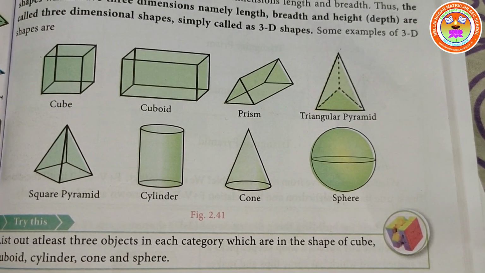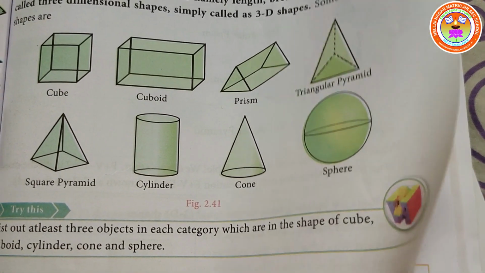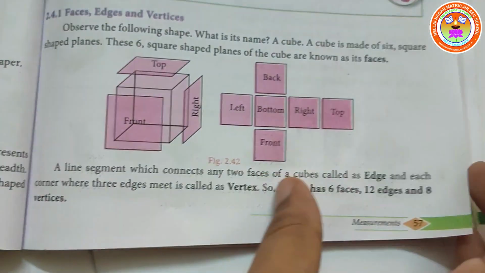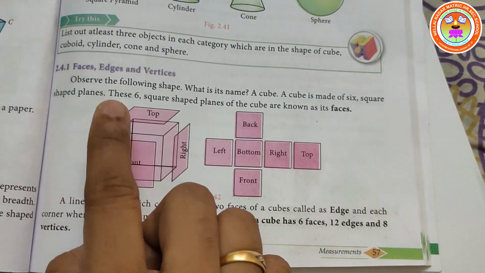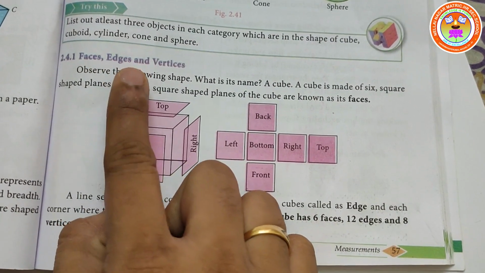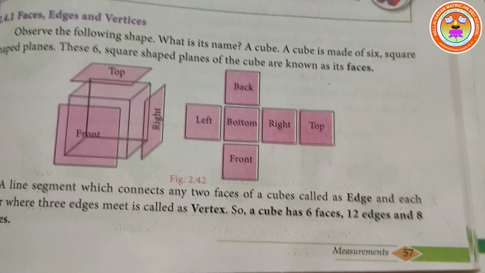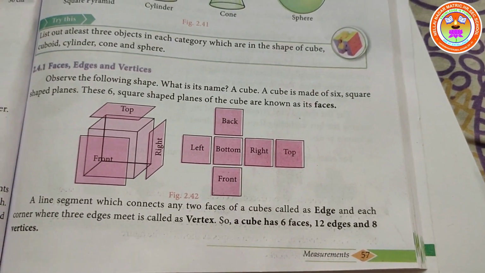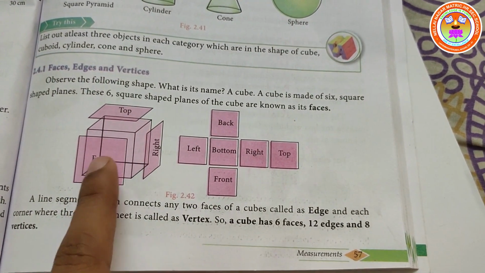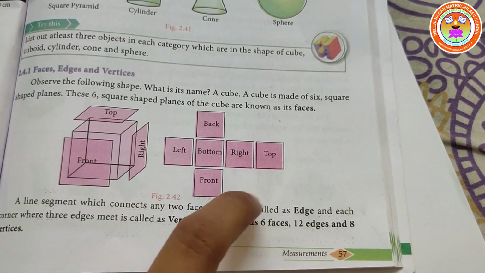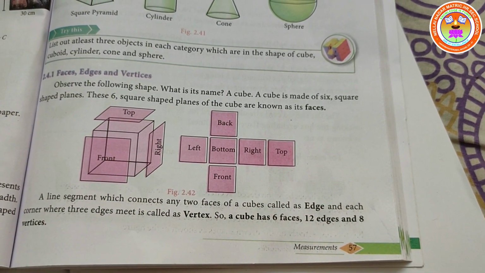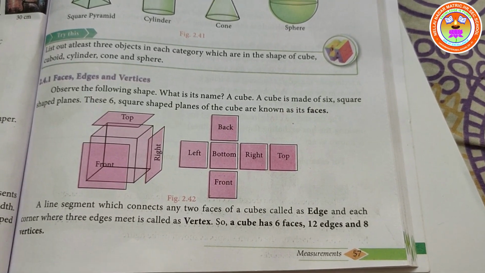Next, after that we can move to the face, edge and vertices. You have to draw only this for the square, top, front, right and draw this diagram under the topic face, edge and vertices.